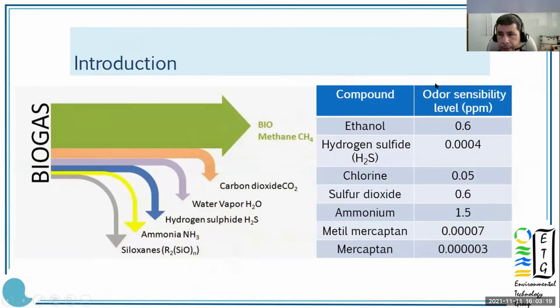The odor sensitivity level of humans for hydrogen sulfide is 0.0004 ppm, which means that even a very small concentration of this compound causes complaints at treatment plants, and therefore ways to decrease the load of hydrogen sulfide emissions are very important.